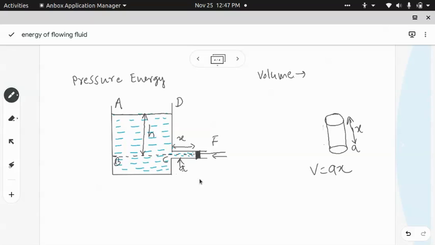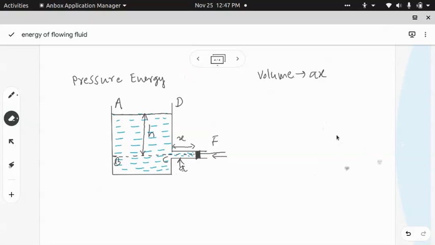In three dimensions, you can see that this will be a cylindrical opening. So to calculate the volume of the liquid inside this whole opening will be given by A into x. I will write here A into x. So volume is A into x.